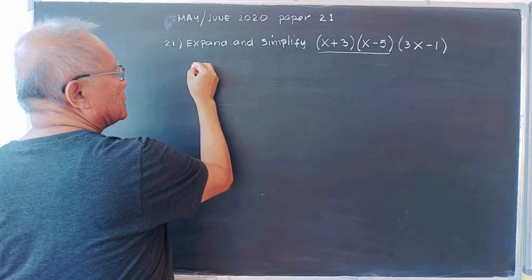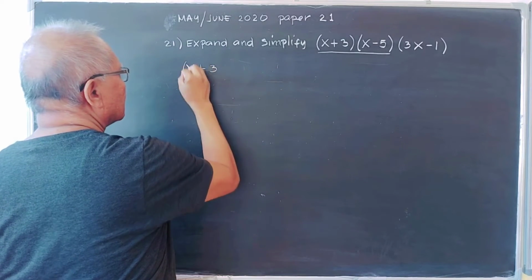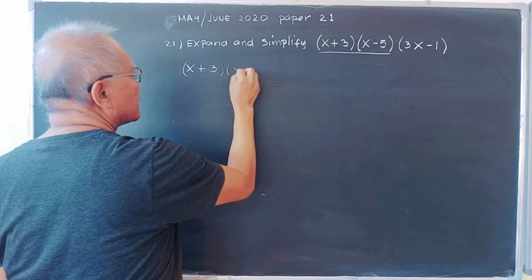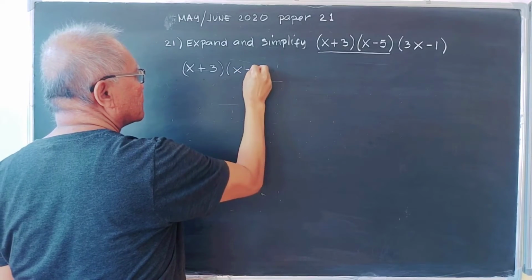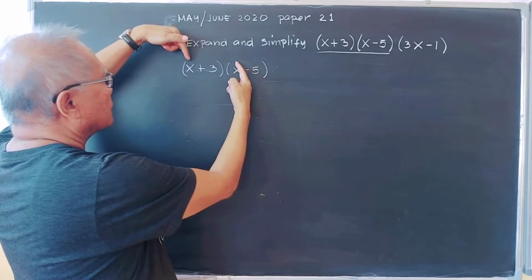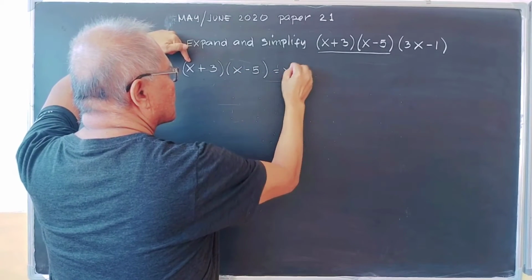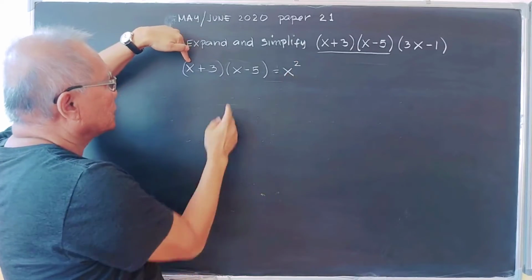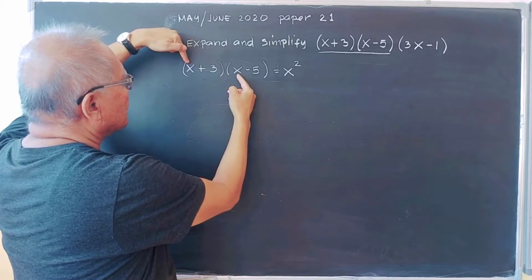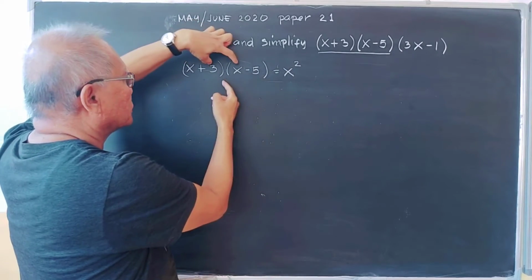So that one, x plus 3 times x minus 5 here. Okay, we have FOIL. X times x is x squared. And then after this one, we have the outer. This one is the inner.